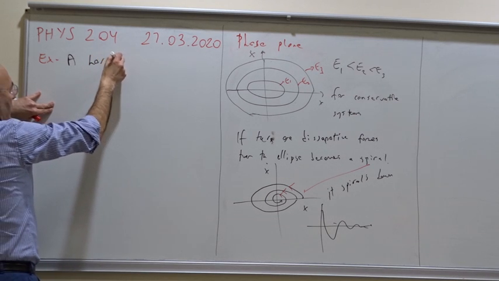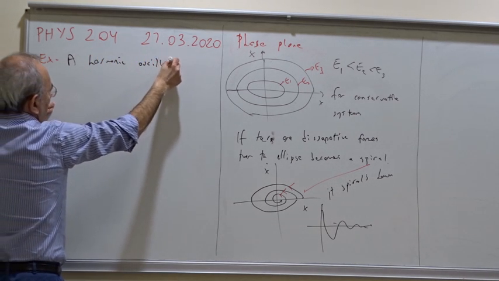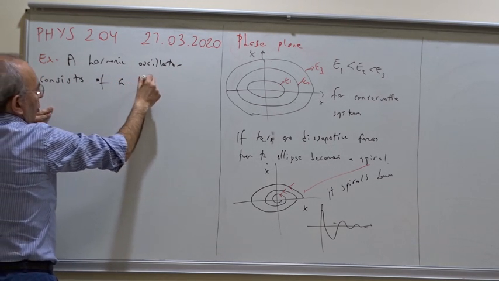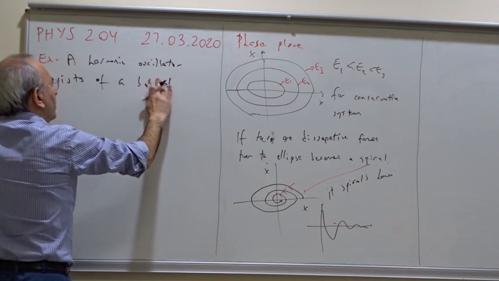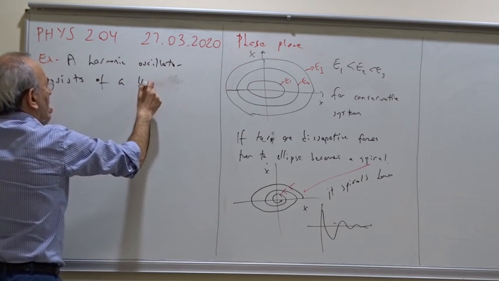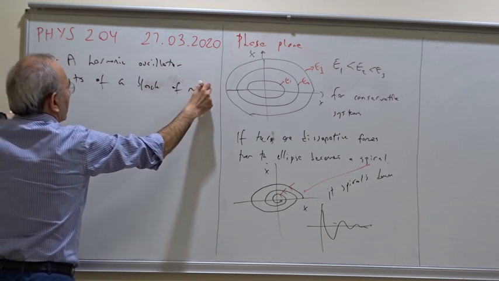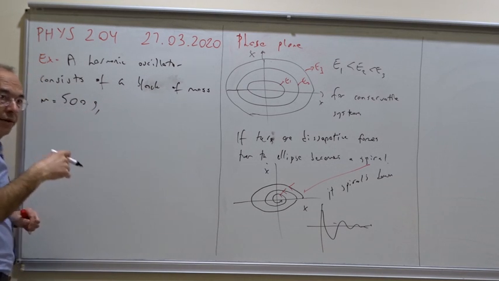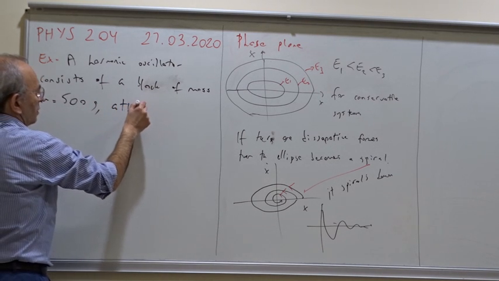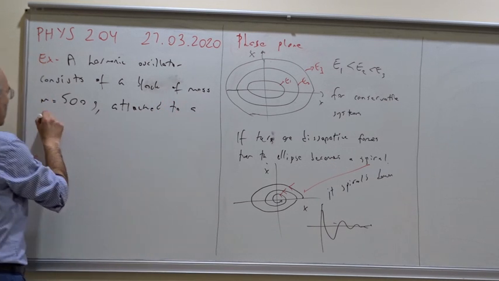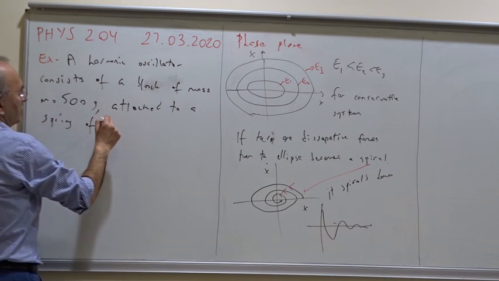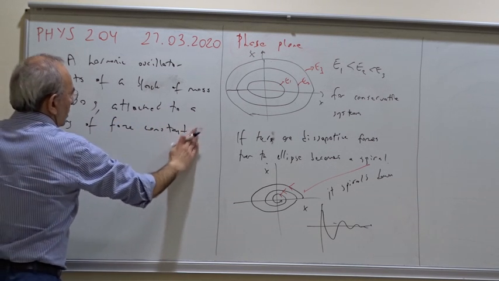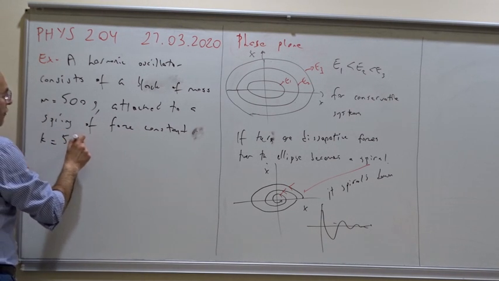A harmonic oscillator consists of a block of mass m equals 500 grams attached to a spring of force constant K equals, let's say, 50 newtons per meter.